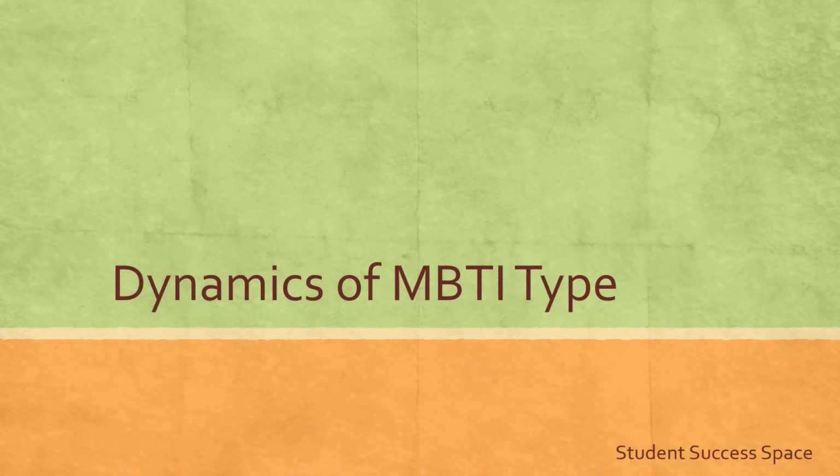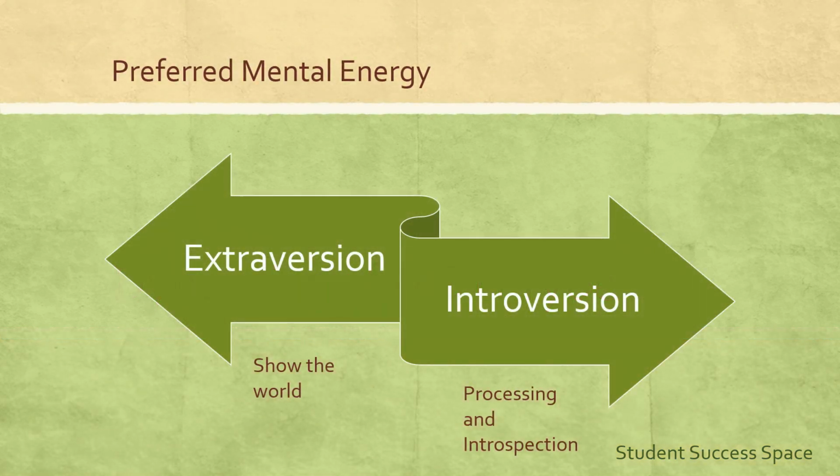To understand and make use of your 4-letter type code within the Myers-Briggs Type Indicator, you need to think of it more as a key that unlocks a really complex message, a secret message about yourself. Your secret code starts with extroversion and introversion and how it impacts your mental processes.